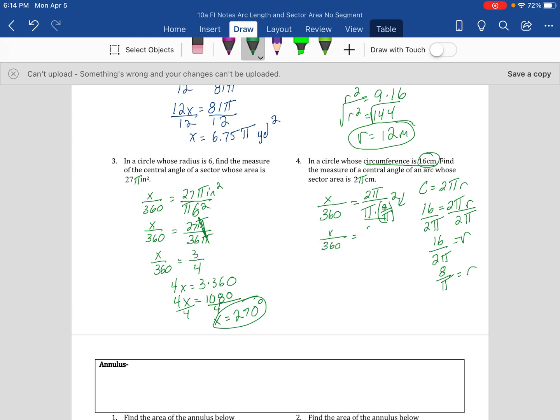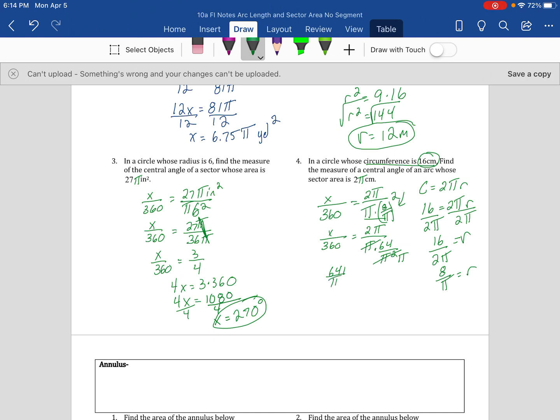So this is going to be x over 360 is equal to 2 pi over pi times 64 over pi squared. Now one of these pi's divides out one of these pi's, and so that's just going to be 64 over pi. So I cross multiply.